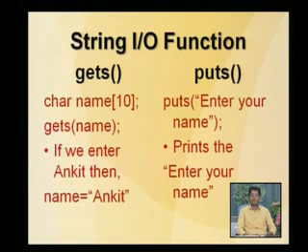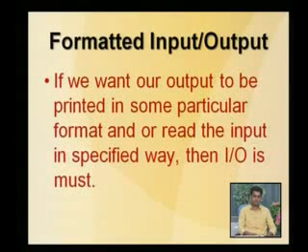While puts("Enter your name") will print that text onto your screen. That is the same as a printf statement; if you write the same text in printf, it will also print Enter your name. In place of that you can also use the puts function.